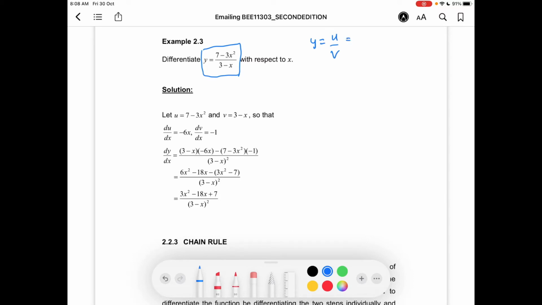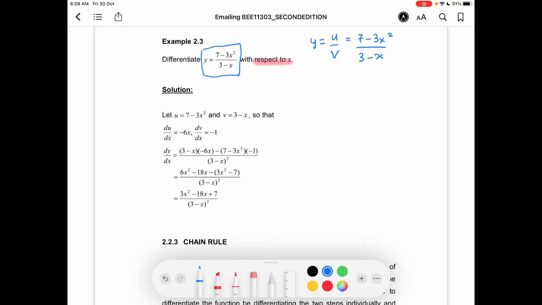The u is a function, 7 minus 3x squared, which can be differentiated. And v is 3 minus x, so you need to differentiate this function with respect to x.